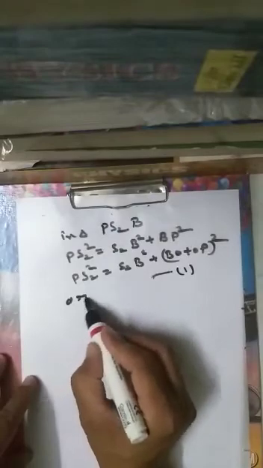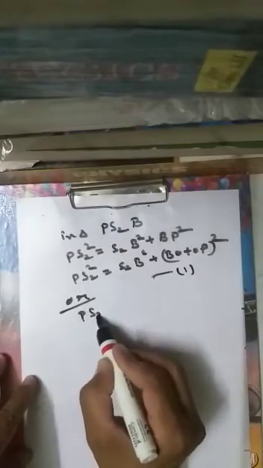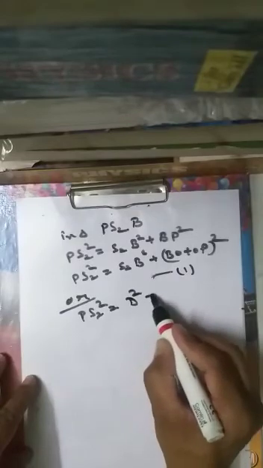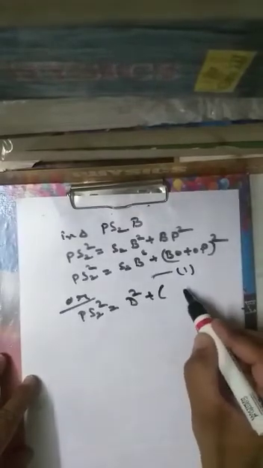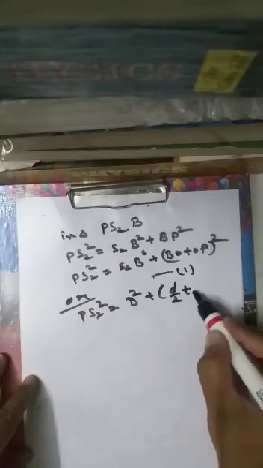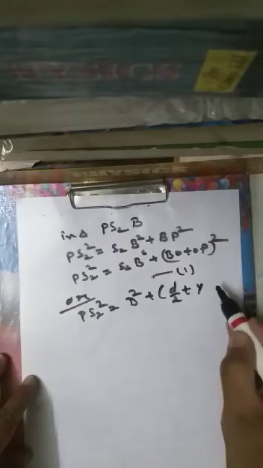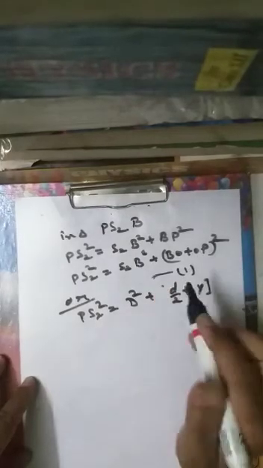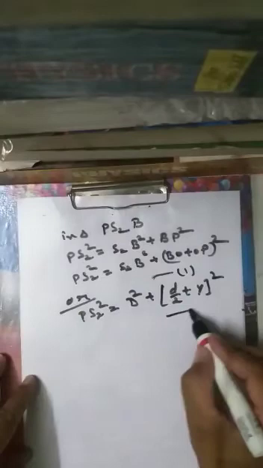Now we put the values: PS2 square is equal to capital D square plus, BO is d by 2 and OP is y, whole square. Equation number 2.